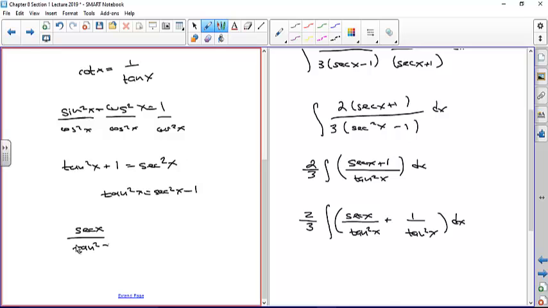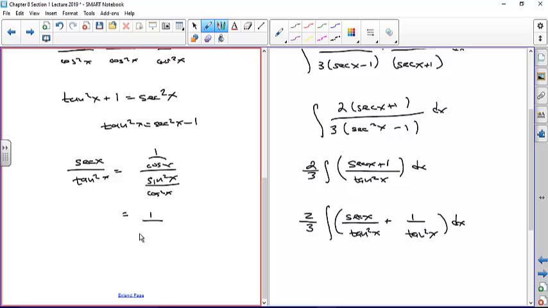Let's write this up. The secant is 1 over the cosine. The tangent is the sine over the cosine, so we get sine squared over cosine squared for tangent squared. And then you would take the reciprocal of this, which would be cosine squared over sine squared.